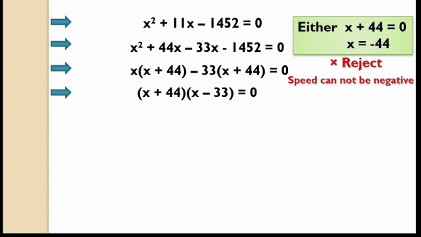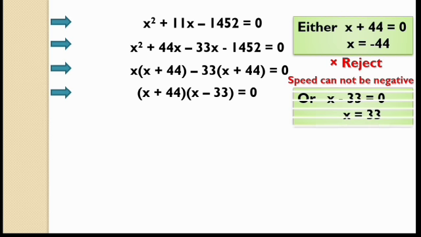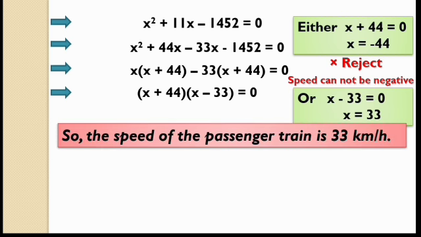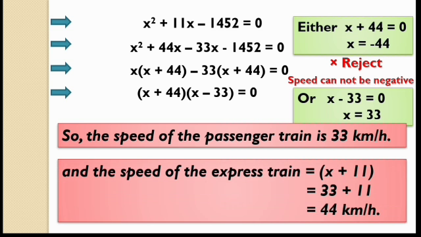We will reject this solution because speed cannot be negative. Or x minus 33 equals 0, we will get x equal 33. So the speed of the passenger train is 33 km per hour, and the speed of the express train, x plus 11, 33 plus 11, is equal to 44 km per hour.